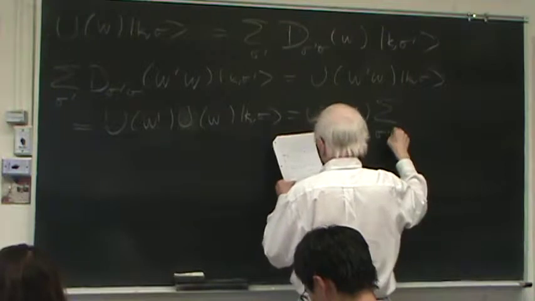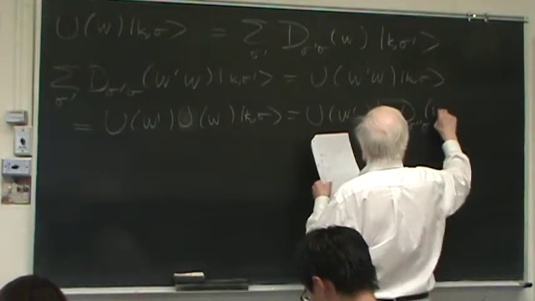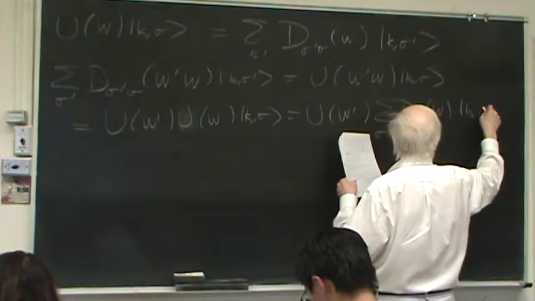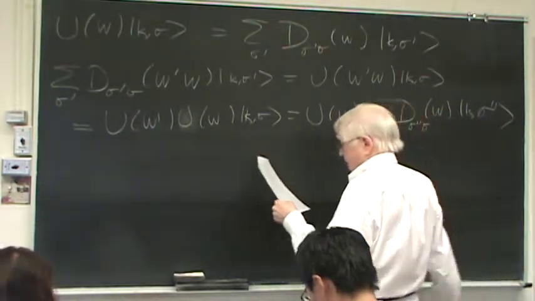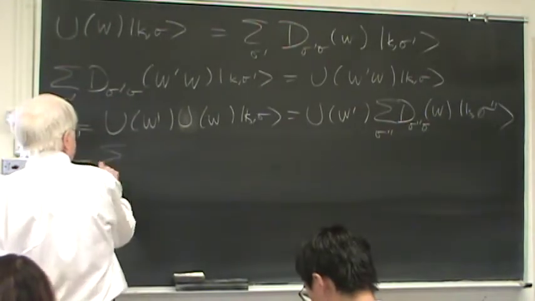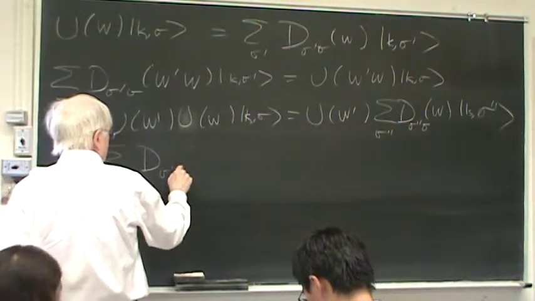Some sigma double prime, d sigma double prime sigma of W, K sigma double prime, and so that's some sigma double prime. I'm just rewriting this for clarity.